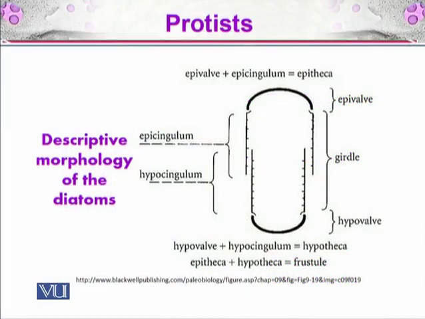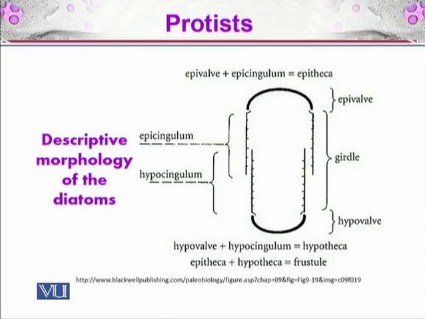So here you can see a diagram in which you can see the descriptive morphology of the diatoms. If we start from the upper side, there are two things: the epivalve, which is a curve-like structure, like a hat, and then there come an epicingulum and hypocingulum. When you combine the epicingulum and hypocingulum, that makes a girdle.